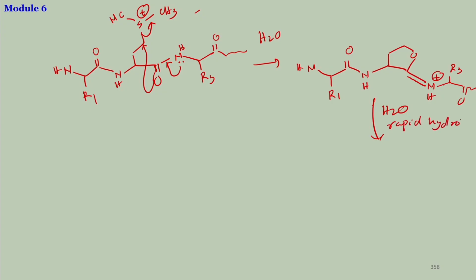Rapid hydrolysis, and this bond would be cleaved. If you hydrolyze a carbon nitrogen bond, what you will have? Water will attack here, you will move this. So, you will basically get a carbonyl compound here.